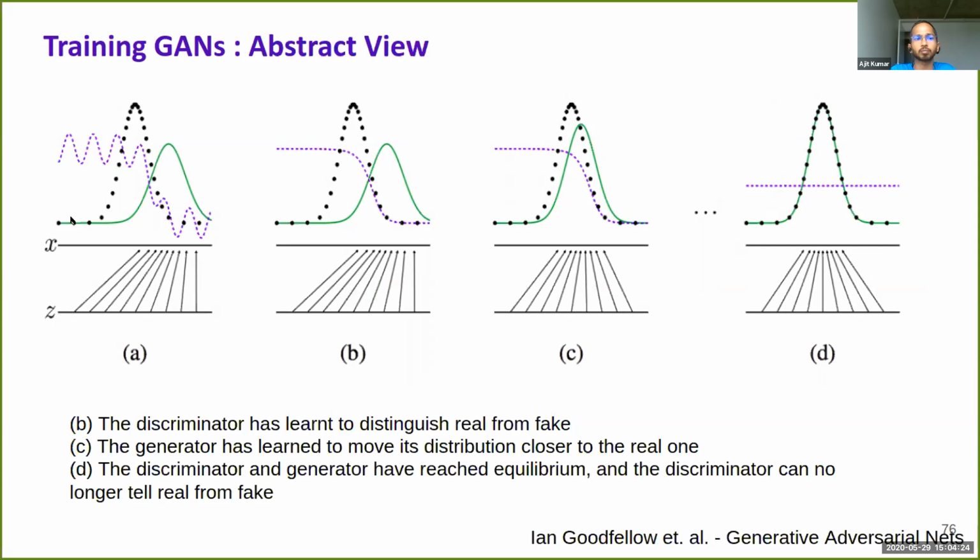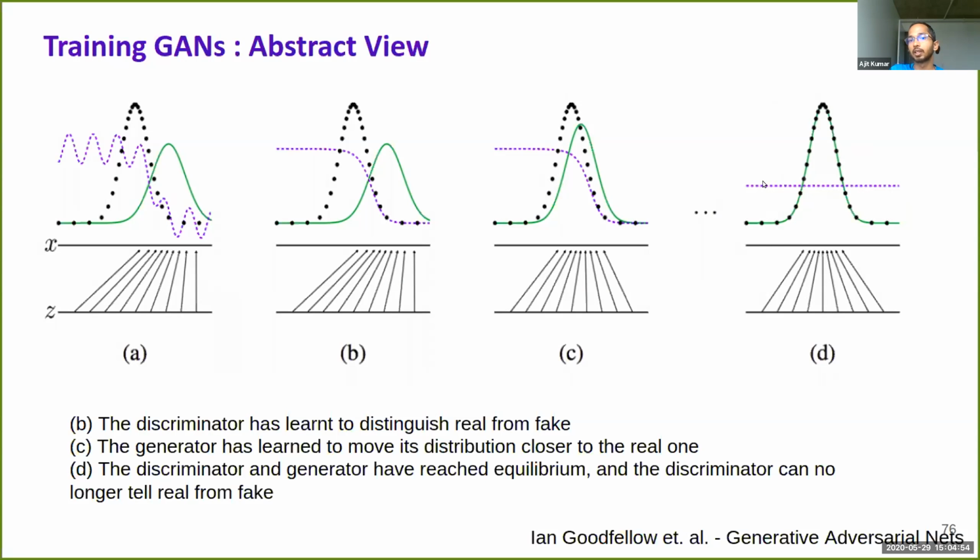Let's say that initially the discriminator has not learned very much and it is just giving some random outputs. This is the generator. It has not learned very much. After training the discriminator for a little bit, it will stabilize its output like this. And once we train the generator a little more, it tries to closely align itself with the original training data distribution.